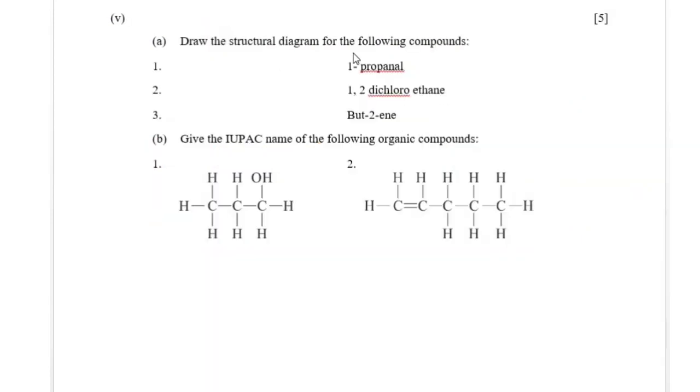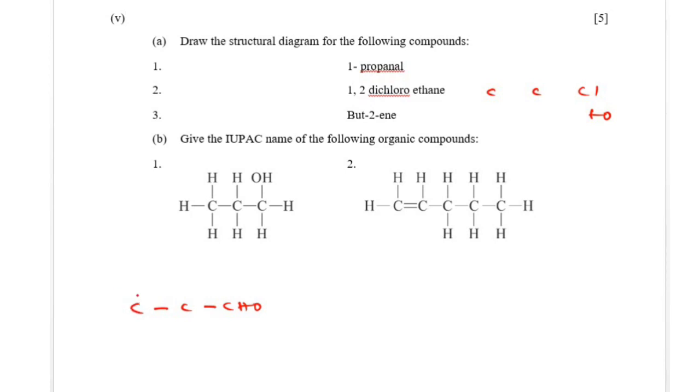Draw the structural diagram for the following compounds. 1. Propanal. Prop means 3 carbons. For propanal, the last carbon is CHO, that is an aldehyde. So the last carbon is CHO, with single bonds.